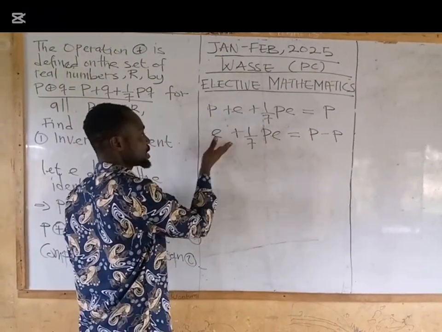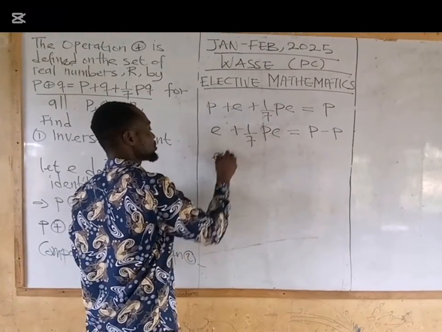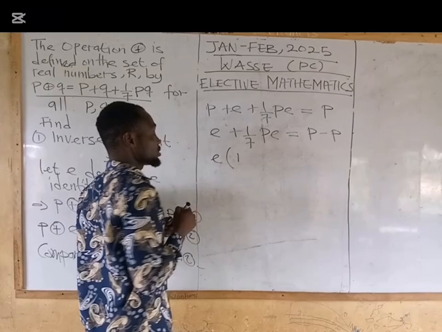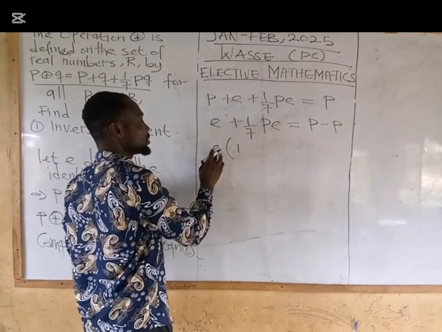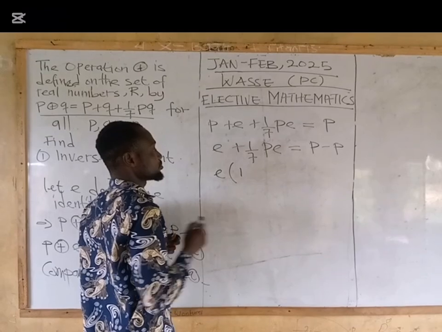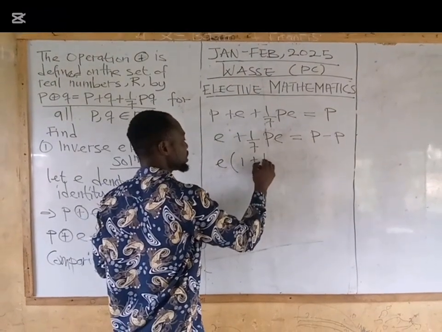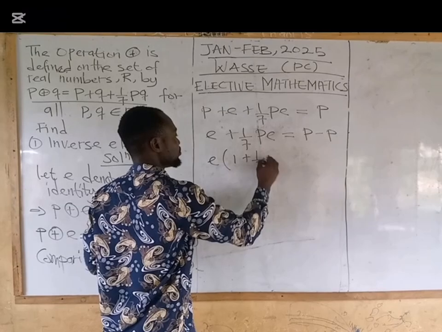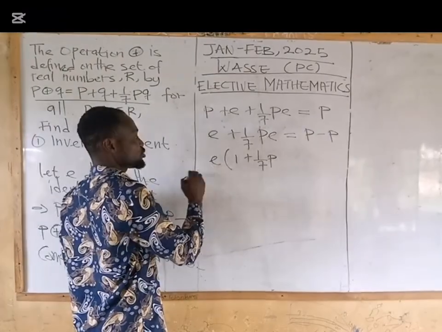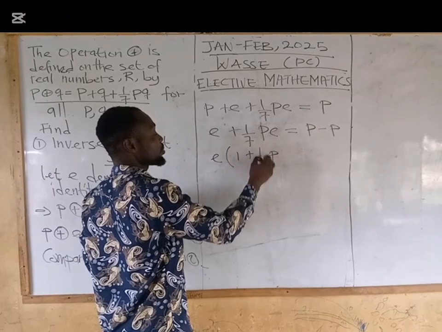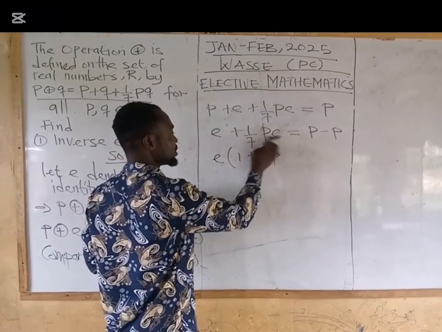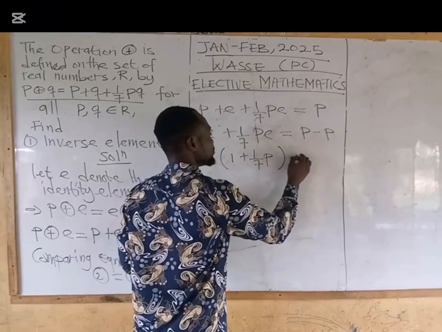And I'll factorize E out. So E outside the brackets, 1, so that when I multiply 1 by E, I have E back, plus 1 over 7 P, so that when you multiply E by 1 over 7 P, you have this. So this will give you 0.